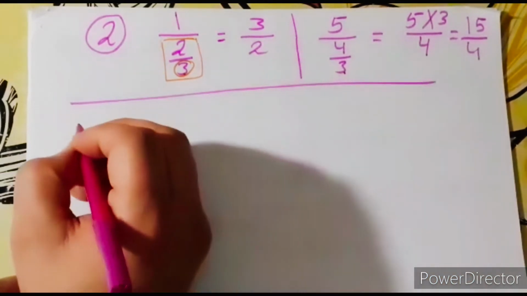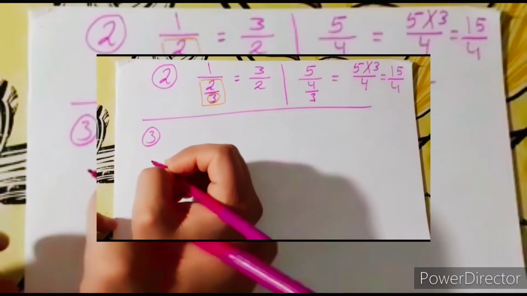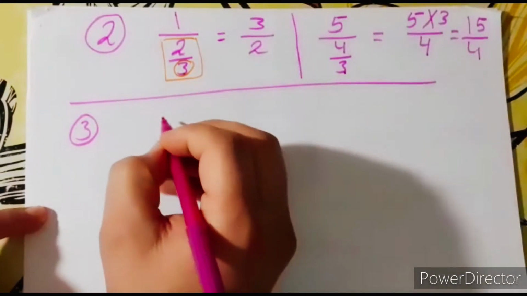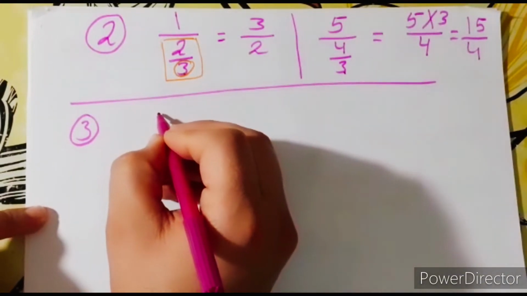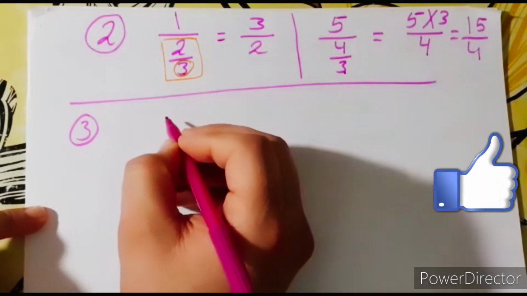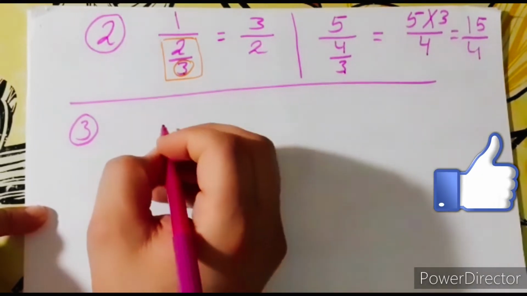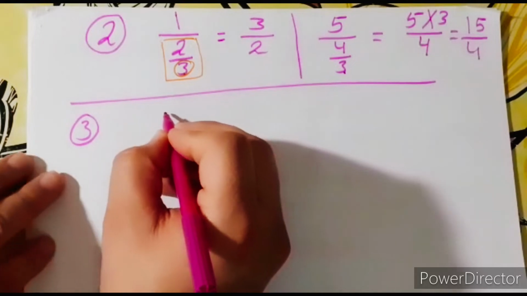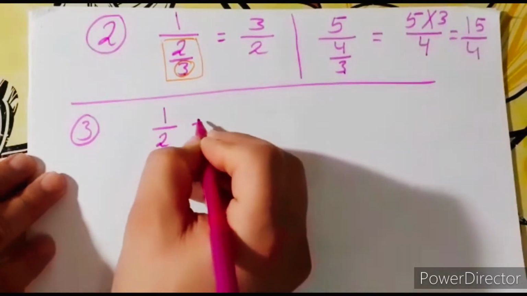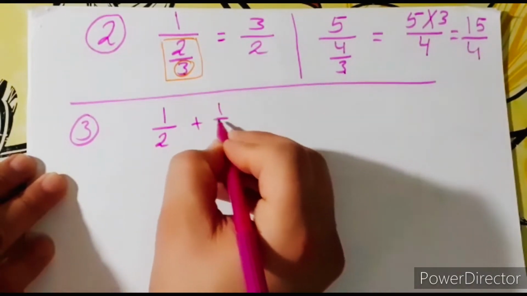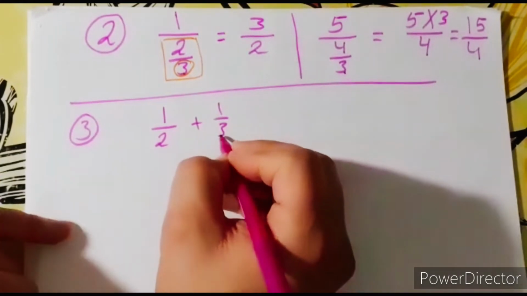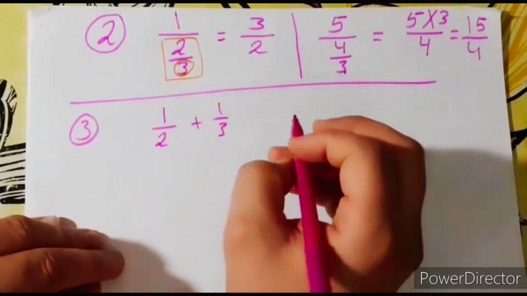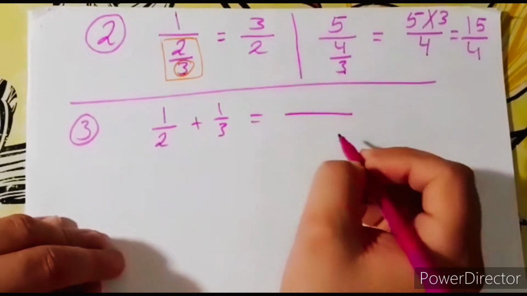Let's go to the third rule. How can we add fractions with different denominators, such as 1 over 2 plus 1 over 3, by the simplest method?